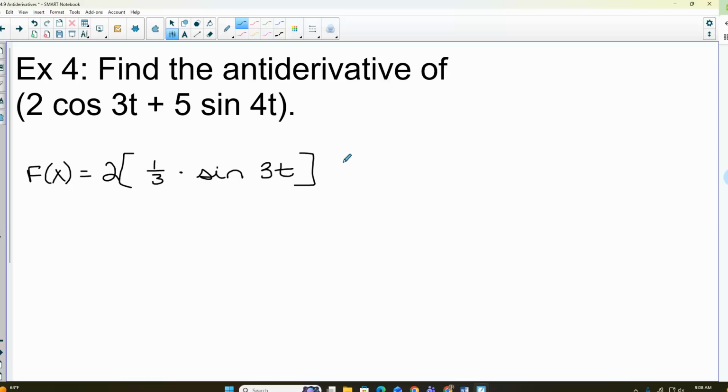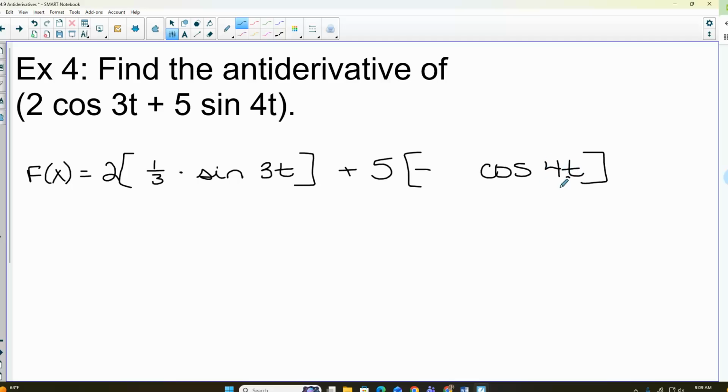Does everyone understand where I got my 1/3 here? So for this one I have a 5. What has a derivative of sine? Negative cosine. The derivative of cosine is negative sine, so we need negative cosine. When we do that, the angle stays the same.